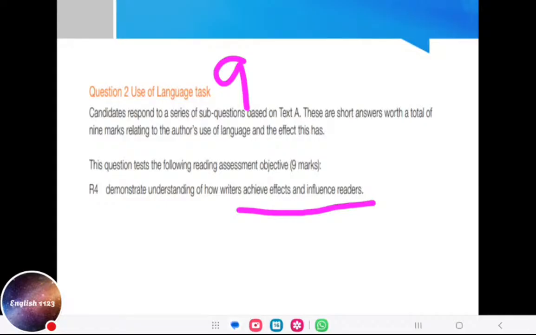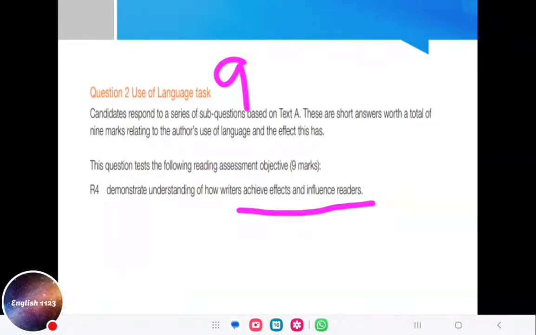So we have to check why the writer is using that kind of language, what kind of impression the writer is trying to create.